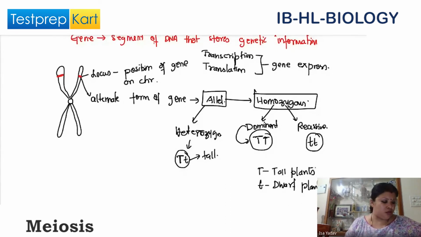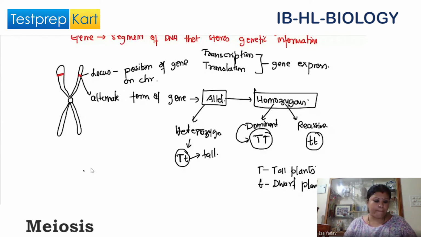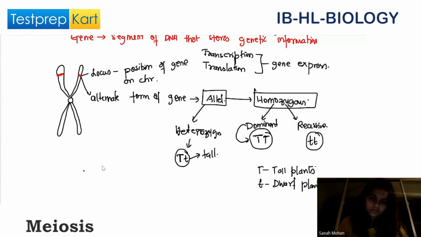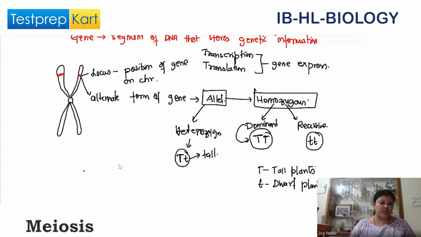So let's see here. Alleles we have seen. Alternate forms of gene is called an allele. So now, when we talk about alleles, when we are talking about chromosomes, we are talking about homologous chromosomes, homozygous, heterozygous.